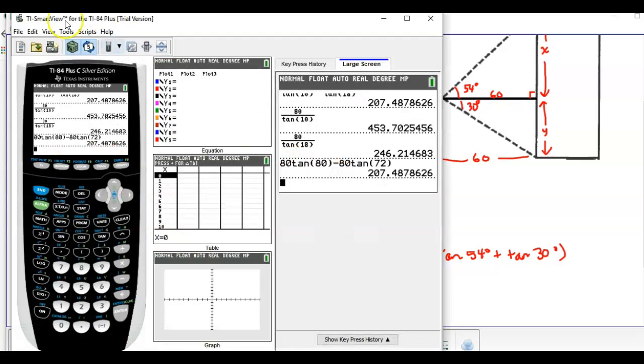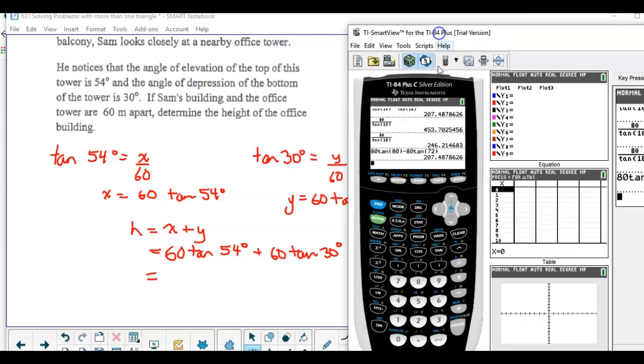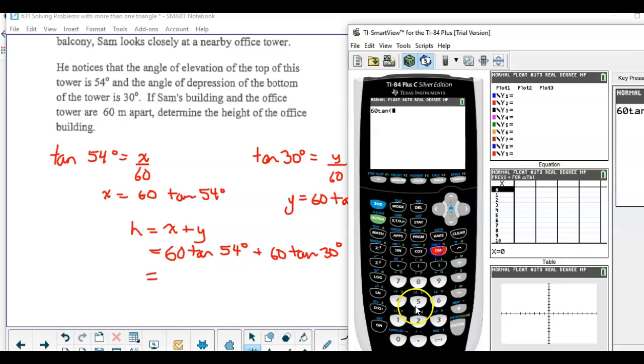We'll get our calculator out, move it over this way. So 60 tan 54 plus 60 tan 30. Just remember to close your brackets around your angle, because otherwise it'll put the 60 tan 30 in with that angle.